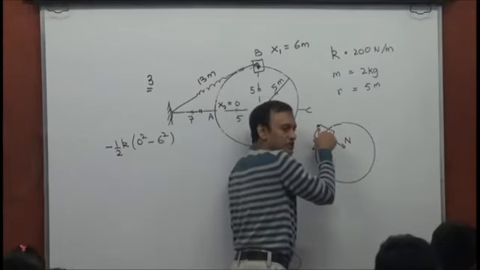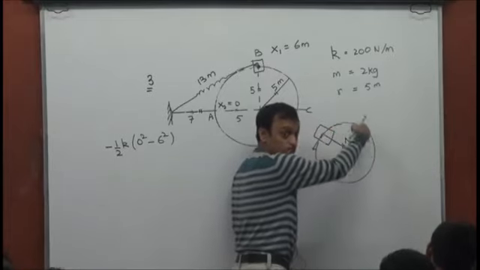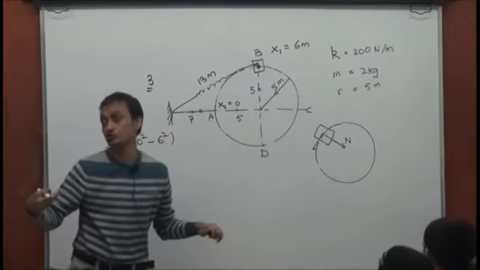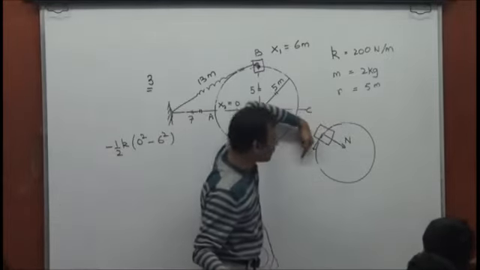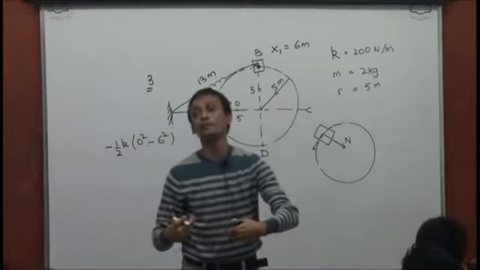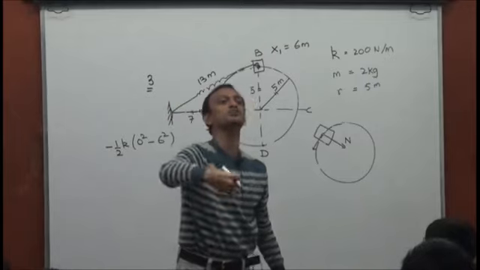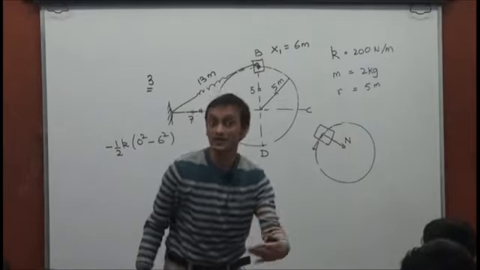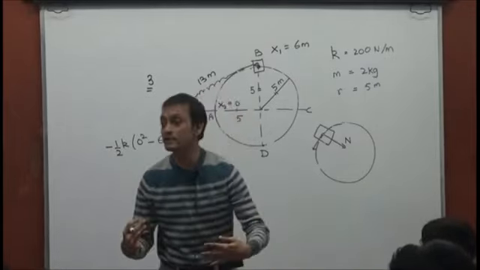There would be a normal reaction acting at this interface, providing mv squared by r from instant to instant, right? After all, what other force could provide it? But then it does zero work, because N is perpendicular to the velocity at this instant and is therefore perpendicular to the displacement from instant to instant. So N is acting only to provide the required centripetal force, but is not participating in producing work or energy, right? So this is the work done by the spring force. Work done by the normal reaction is 0.